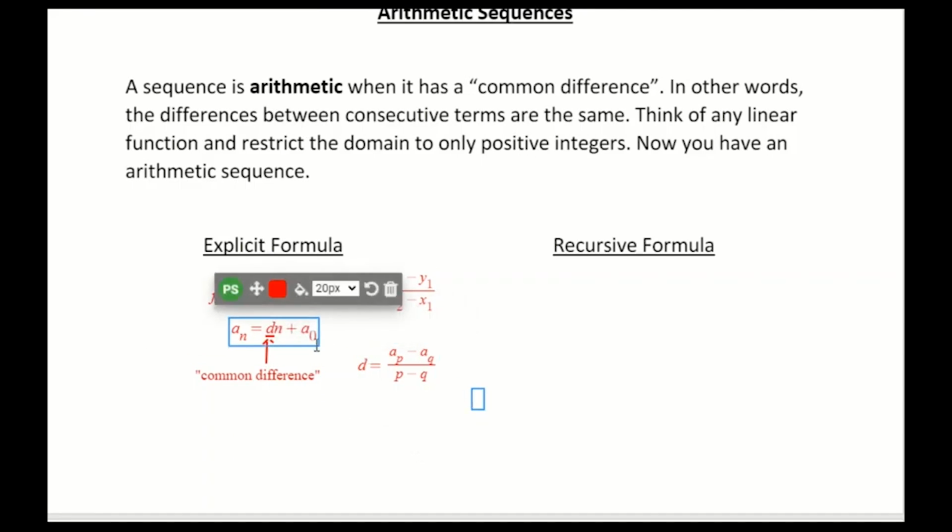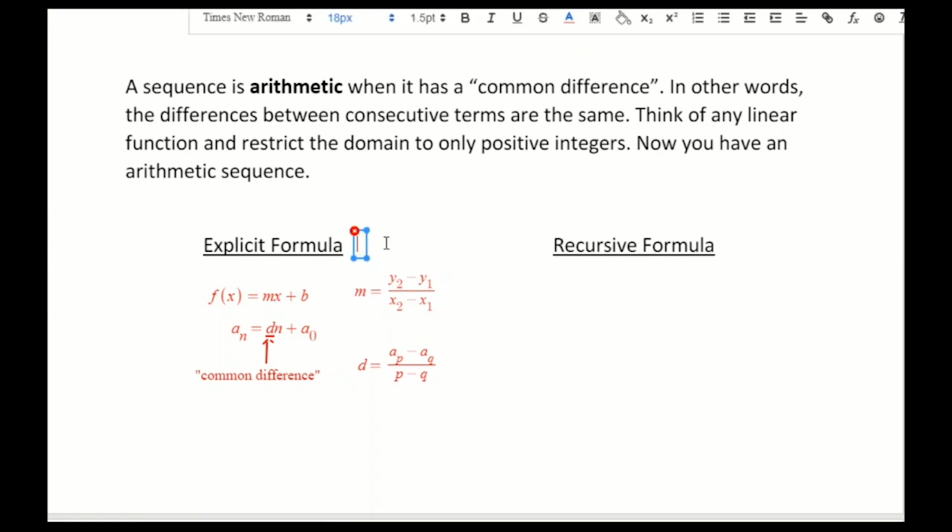The a sub 0 can be found a couple of different ways. Remember that the b is the y-intercept, in other words, the value of y when x is 0. That's basically what the b means.